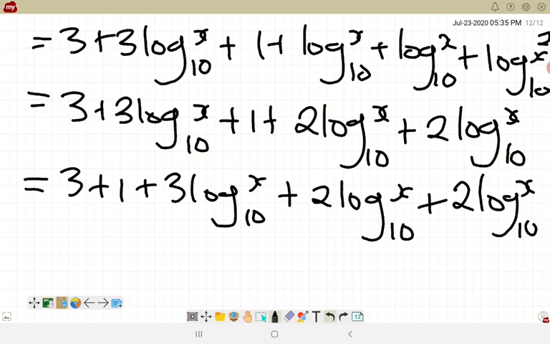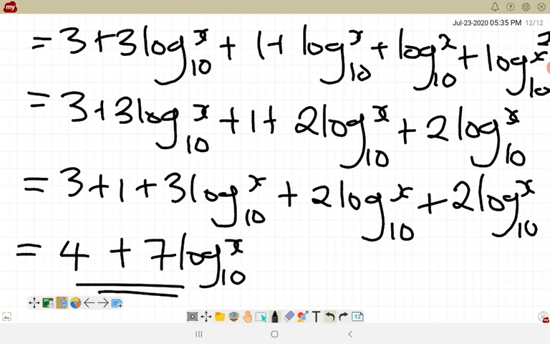Okay, so there are like terms there. 3 plus 1 will give us 4. 3 log x base 10 plus 2 log x base 10 plus 2 log x base 10 gives us 3 plus 2 plus 2, that is 7. So 7 log x base 10. And that is the simplification of 3g of x plus g of x all squared.